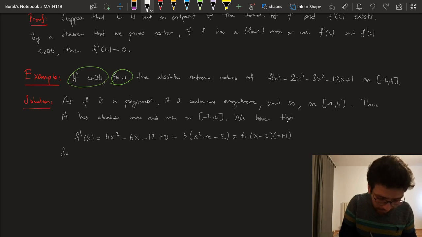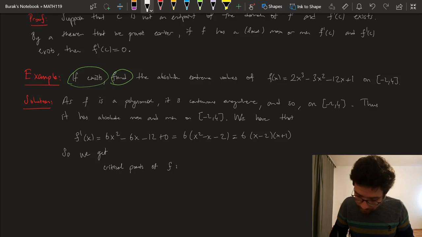So the critical points of f are, if you set this to 0, then either this factor is 0 or this factor is 0, so you get x equals 2 or x equals minus 1.